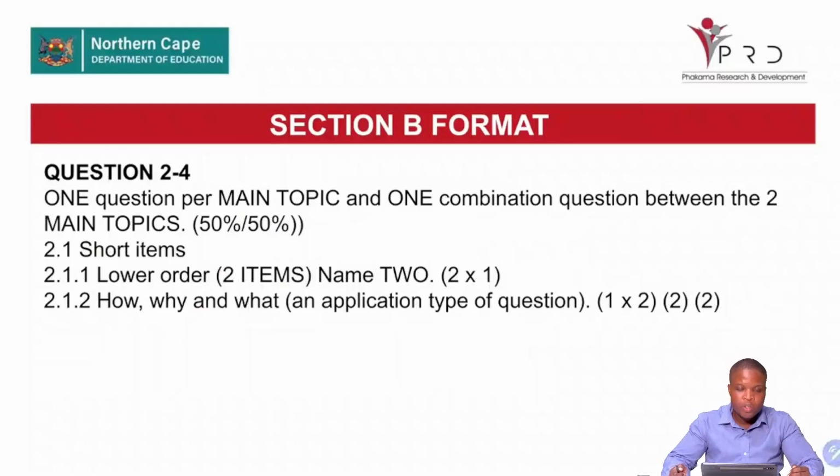Section B, you have question 2 to 4. You are only answering 2 questions here. So it's either you're answering 2 and 3, 3 and 4, or 2 and 4. You only choose 2 questions. How do they look like? Question 2, it's only macroeconomics. So question 2 is only asking you questions around macroeconomics.